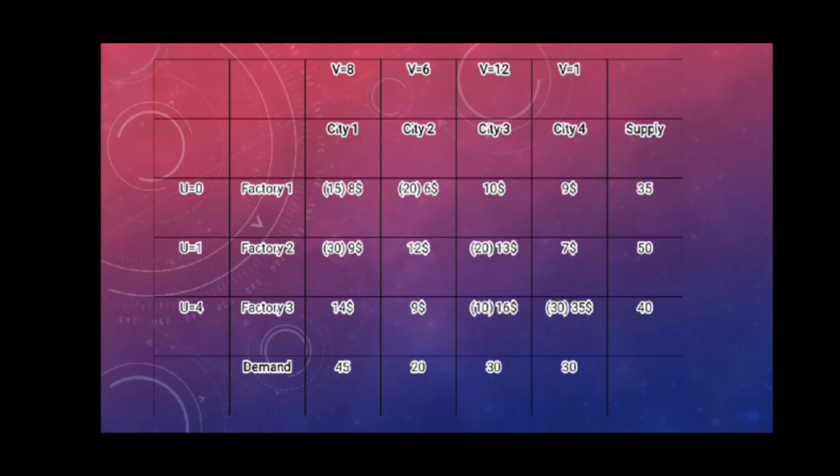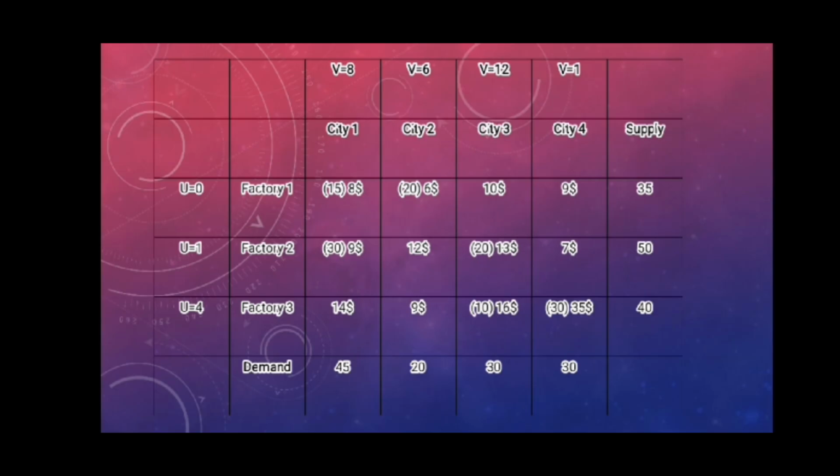Now we're going to find the values of U and V for each allocated cell. The first allocated cell has 15 units of goods. This says that U1 and V1 must equal 8 when added together. So if U1 is equal to 0, V1 is equal to 8, so that 0 plus 8 is equal to the unit shipping cost. Now that we know U1 and V1, we can figure out all the other U and V values.